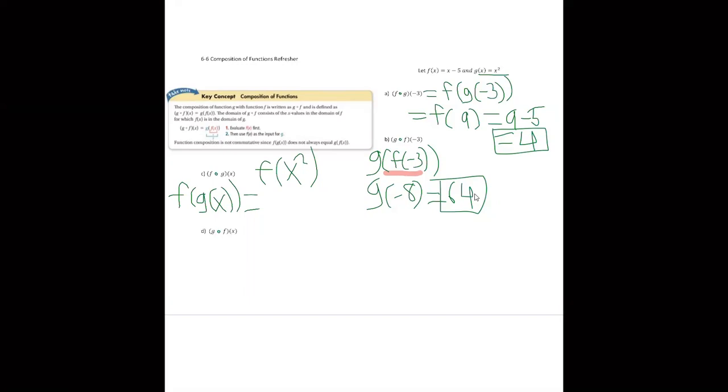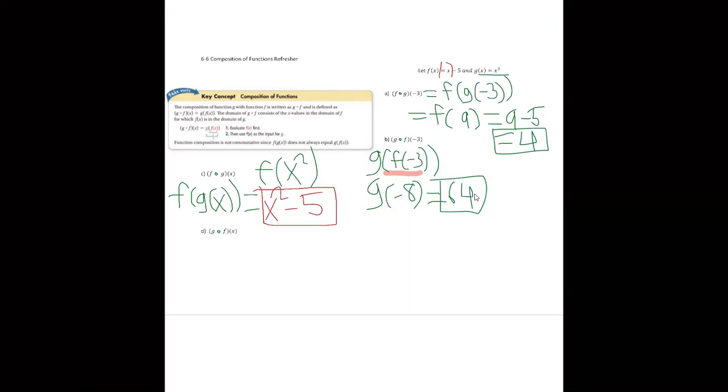Anywhere in this f function I see an x, I'm going to replace that with an x squared. So I would have x squared minus 5. And there's nothing we can do to simplify that from here. Sometimes you might be able to combine like terms or do something more, but for this one, we would be done.